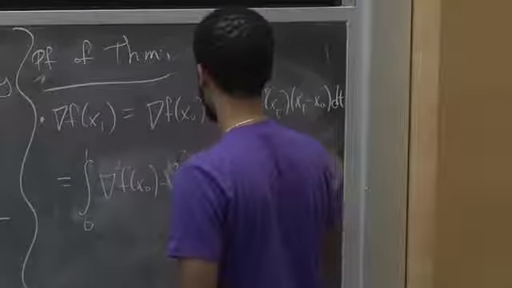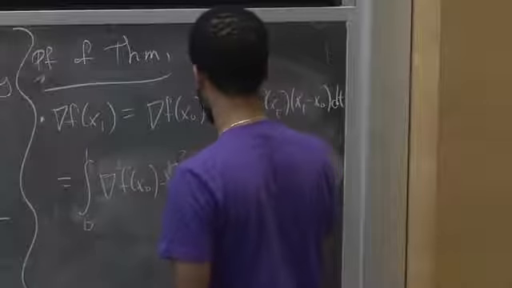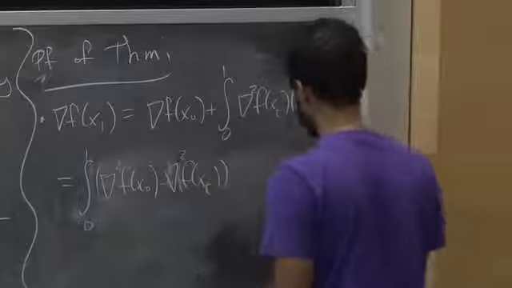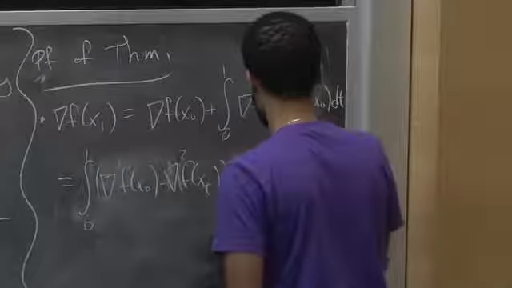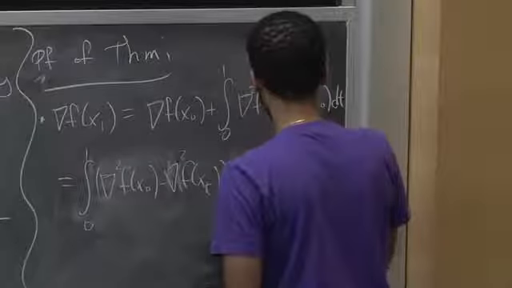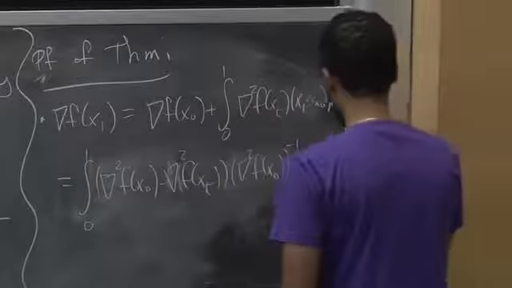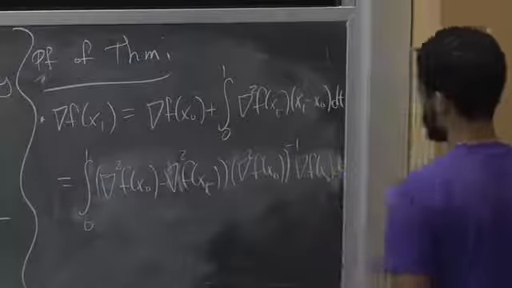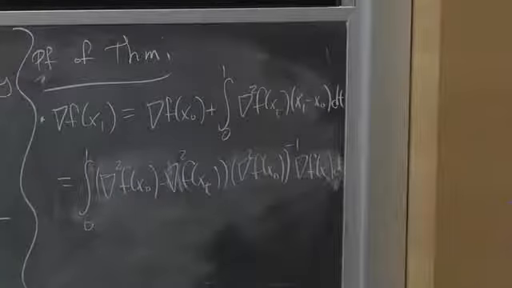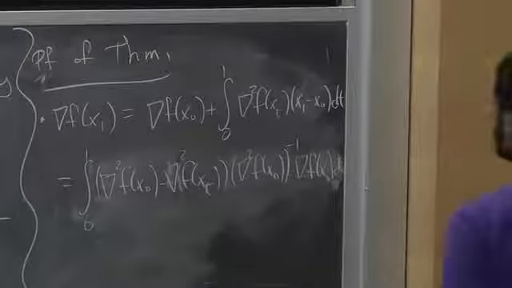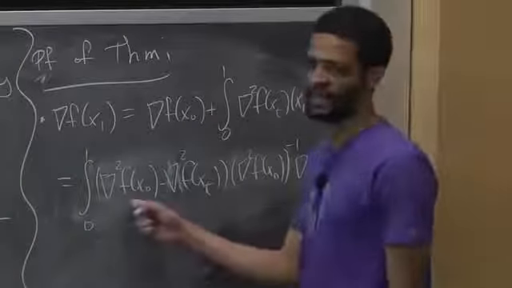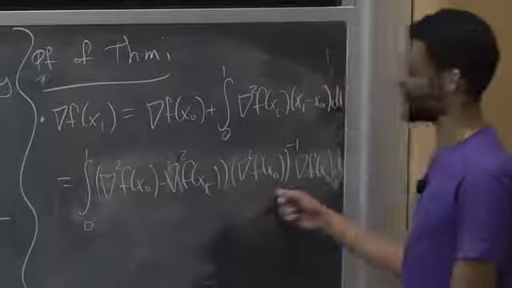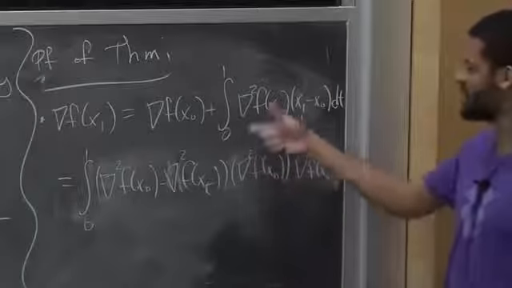Oh, too many symbols. Okay, so I brought in the Hessian at x0, but then I killed it here. Okay, so this is just an identity.